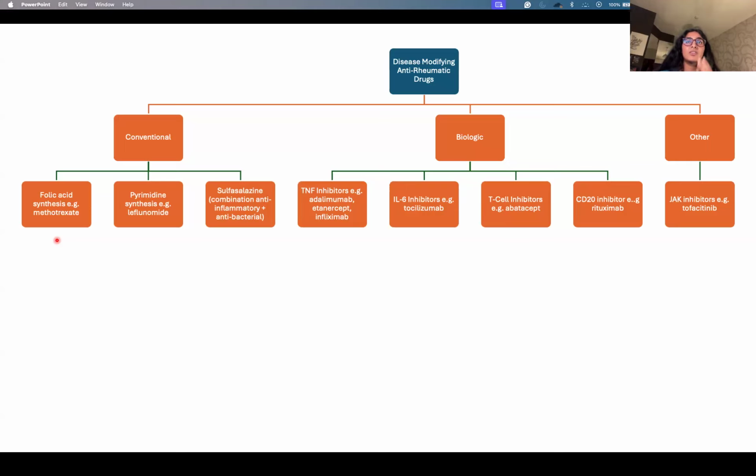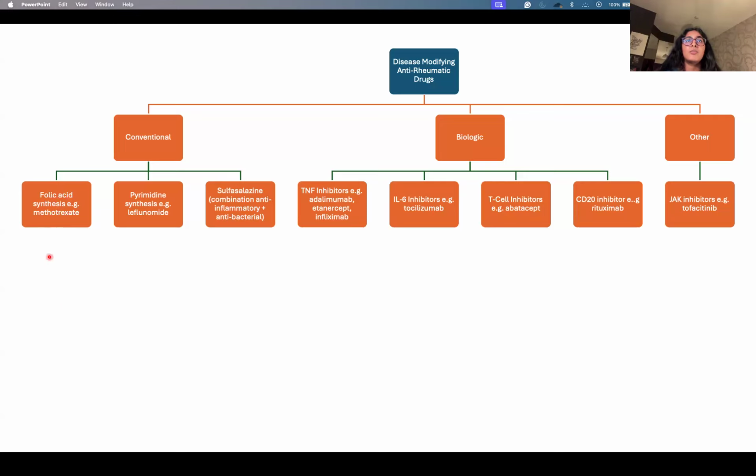And the most common things, don't forget nausea, vomiting, rashes, mouth ulcers, mucositis. That's methotrexate. You want to be keeping a very close eye on their FBCs because of myelosuppression, LFTs because of hepatotoxicity, and then renal function as well.